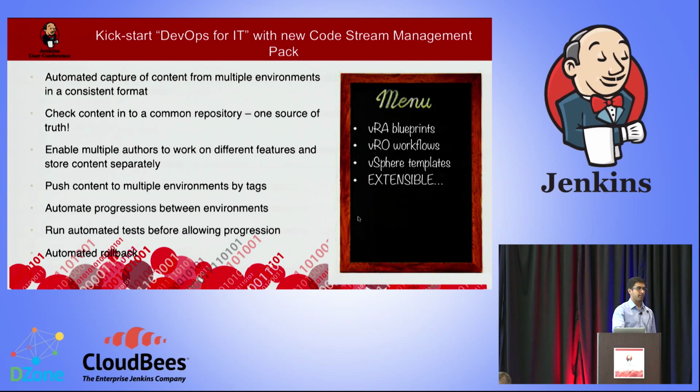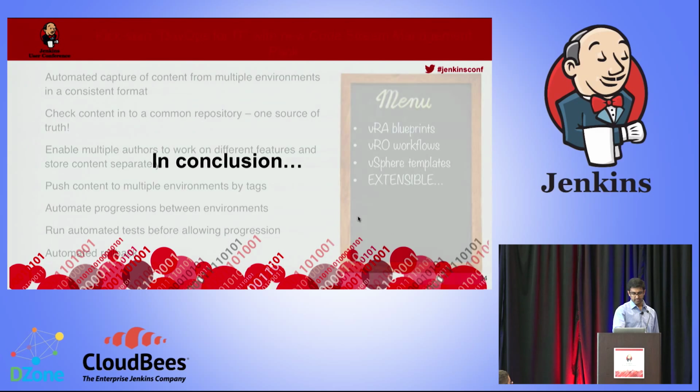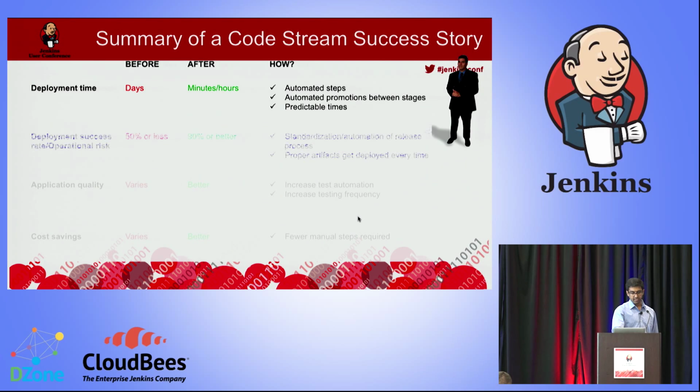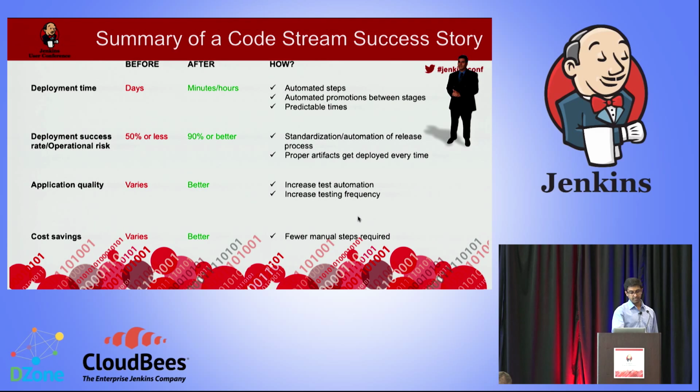It easily enables IT to follow all the DevOps processes to quickly build and test that content within the Codestream by leveraging the Codestream capabilities. So in conclusion, I just want to summarize what it means with respect to the DevOps process.